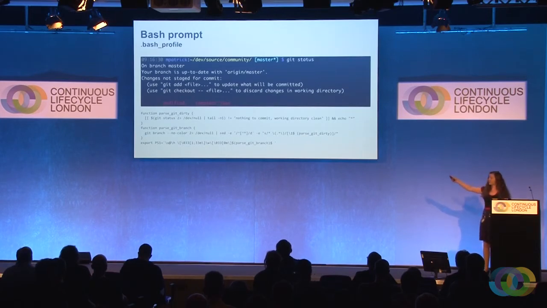This whole code thing, by the way, is a GitHub gist, so you can look it up and just copy it into your bash profile or bash RC, depending on your system.